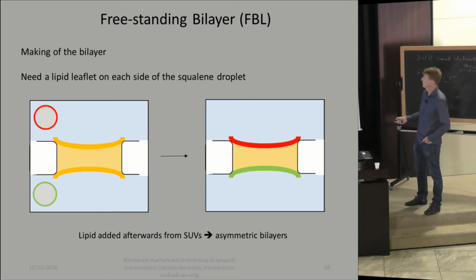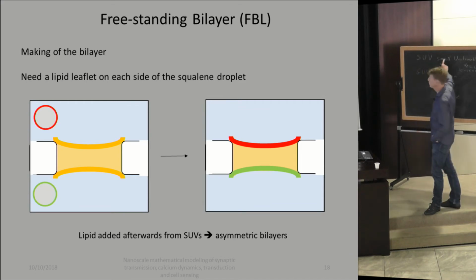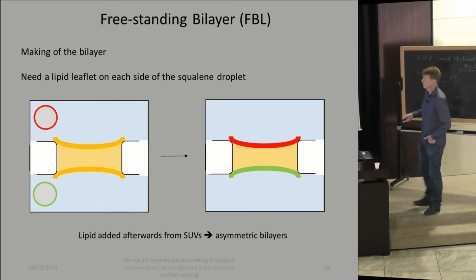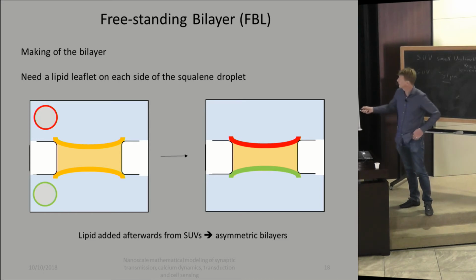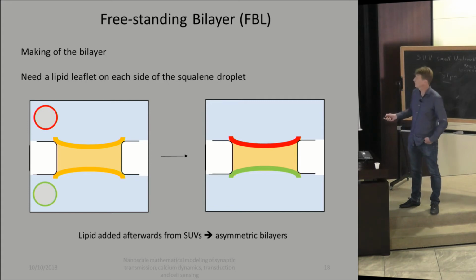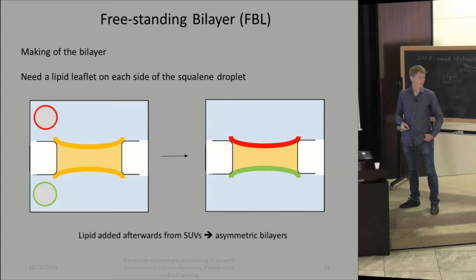The alternate solution is to start with pure squalene. You flow in SUVs with proteins, if you want, and they will spontaneously fuse at the interface, because the buffer oil interface is not favorable. So you can put one type of SUV on one side, another type on the other side, and you'll end up with a monolayer on each side with different composition.